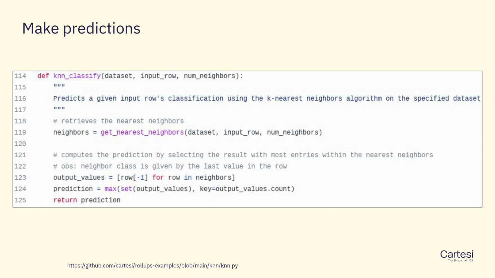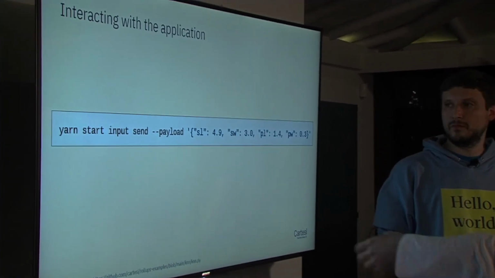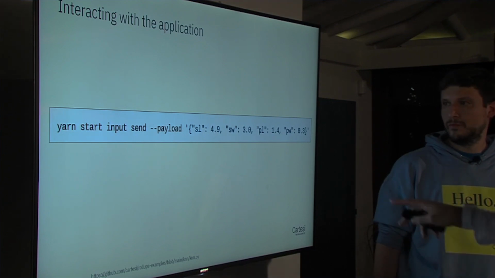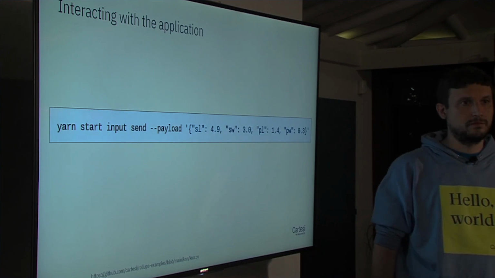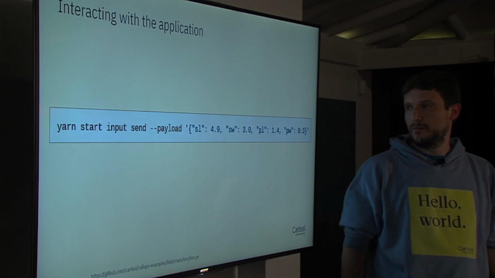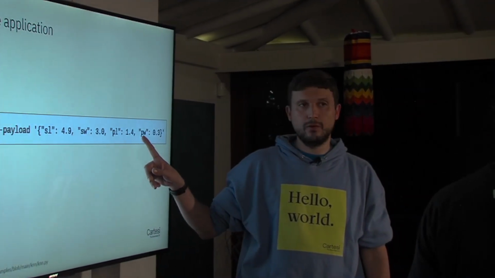When we talk about Python specifically, we enter into how we can interact with the DApp. It's the same command that you presented before, I'm just changing the payload, right? As I'm saying, the inputs are the measurements of the iris: sepal length, sepal width, petal length, and petal width.